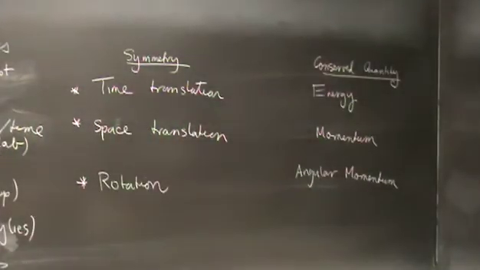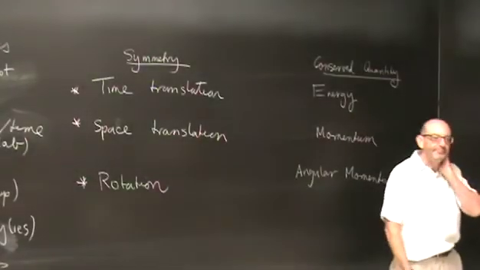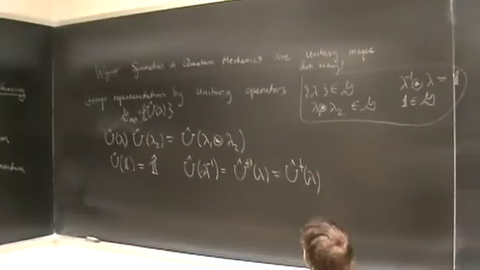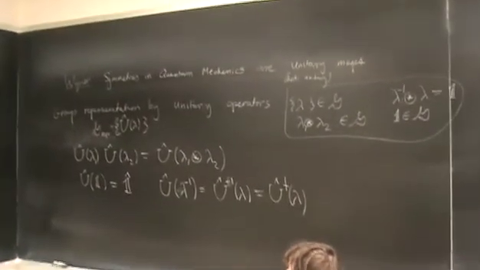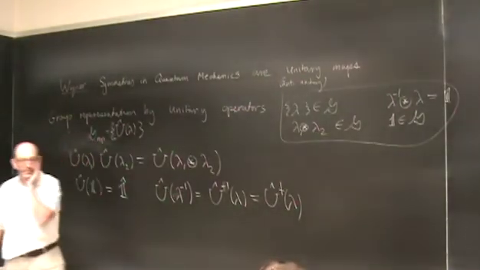So the hook between these space-time symmetries of the world and these physical quantities is through Wigner's theorem, which we'll derive next semester. Basically, what Wigner's theorem says is that all symmetries in quantum mechanics are unitary maps.